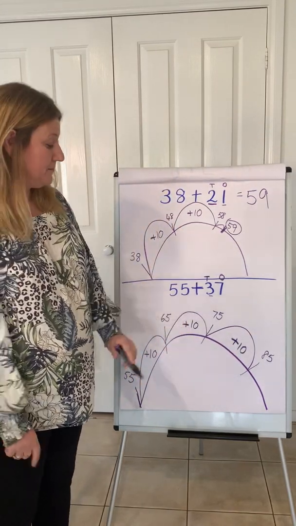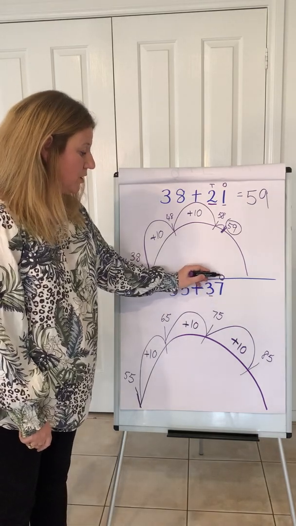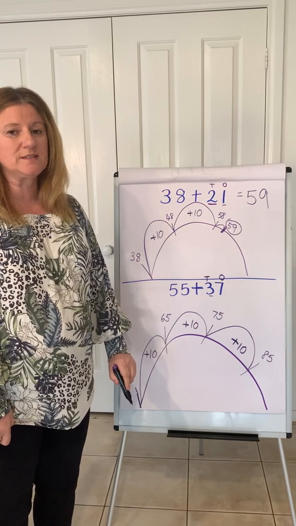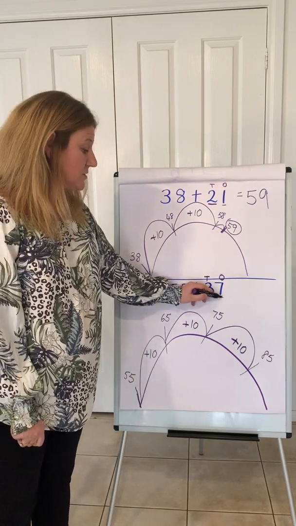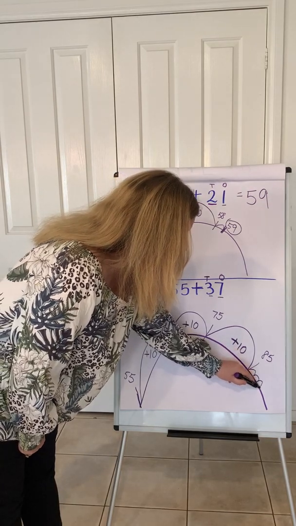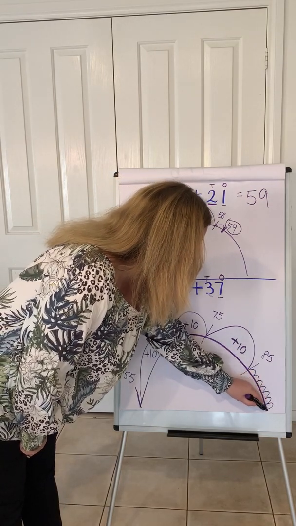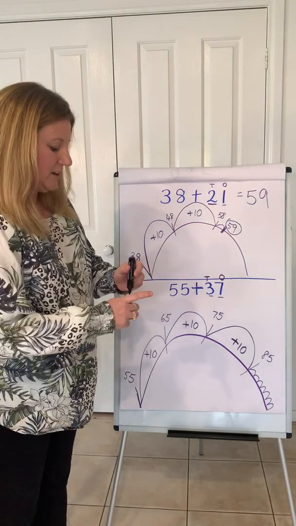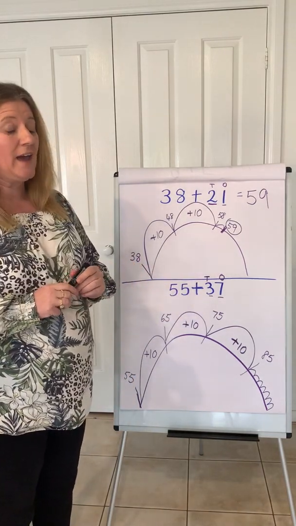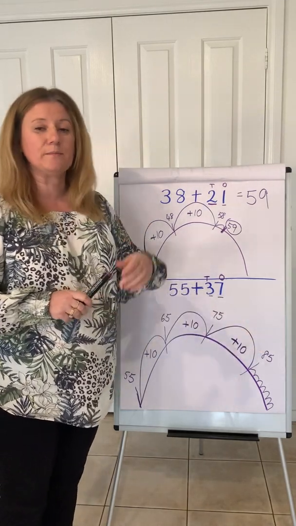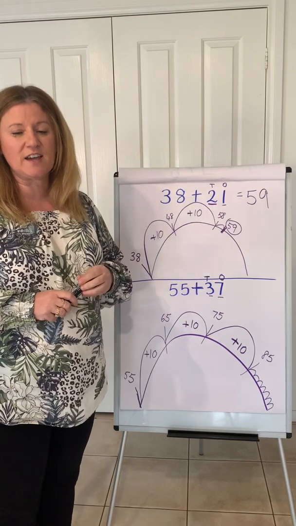We're not finished yet. We still need to jump the number in the ones. Remember, number in the ones is little jumps, and I need to do 7 of them. So I can go 1, 2, 3, 4, 5, 6, 7. Nearly ran out of space. Now I need to count them. I start with 85 in my head, so I don't need to say 85 again.